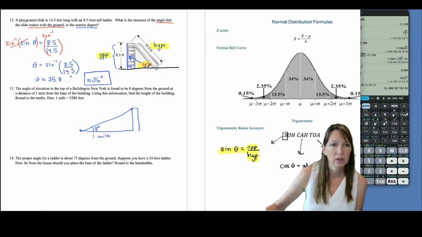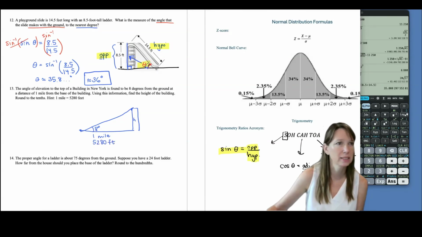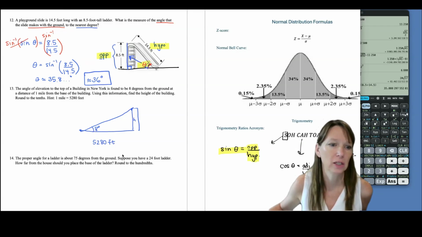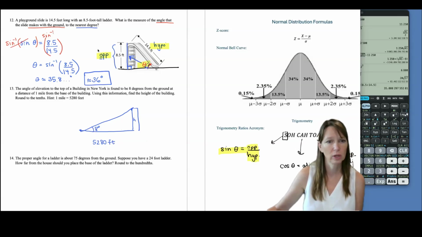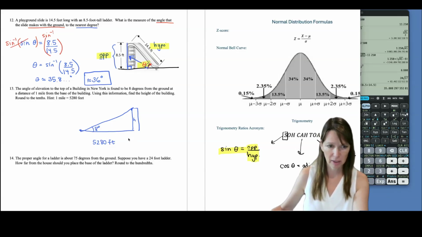And I want to know, using this information, find the height of the building. Well, 1 mile they give you is 5,280 feet. So I'm going to use that because we don't talk about how tall buildings are in terms of miles. So we want to use that unit that I want my answer in. And again, I'm going to label these using adjacent, opposite, or hypotenuse.